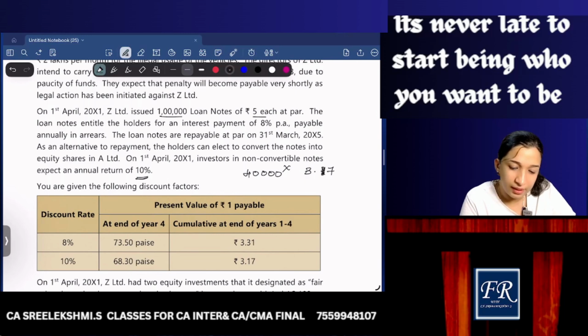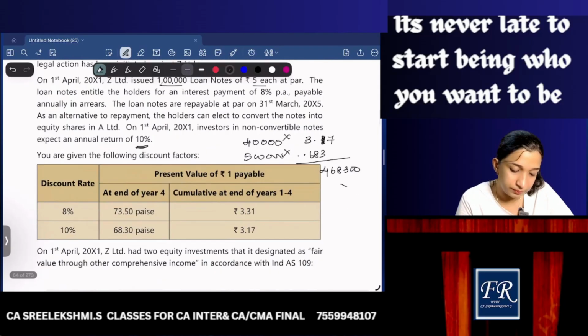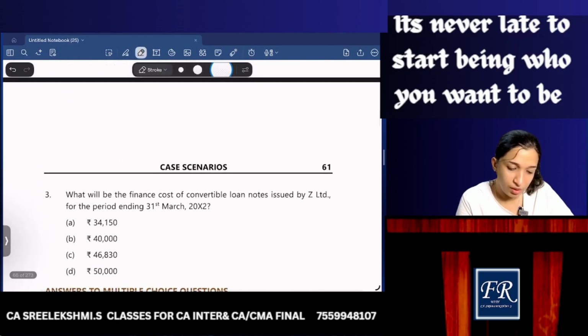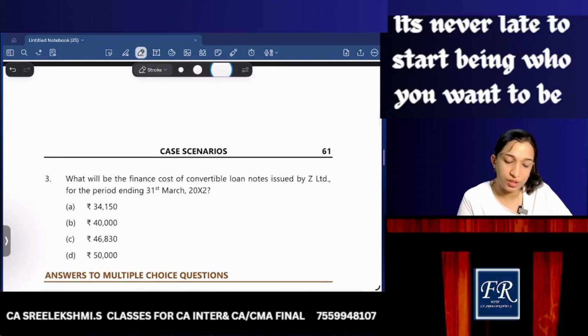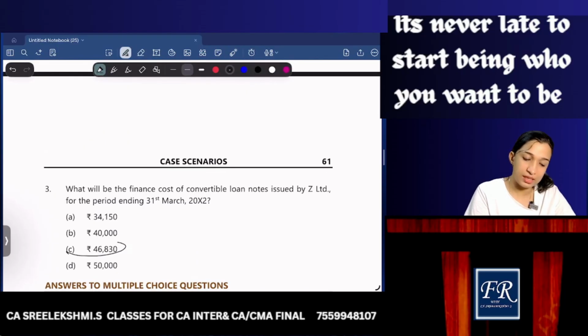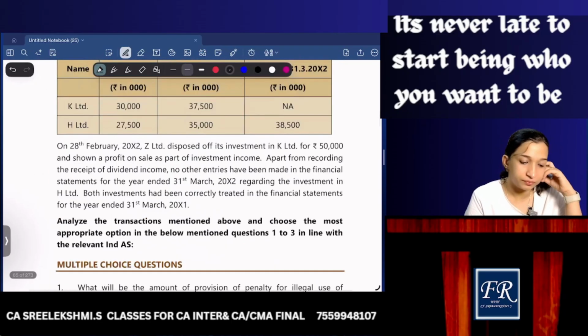Then the year-ending 5 lakhs into 68.3 paise, means 0.683. So it is coming to 4,68,300. What will be the finance cost for the year ending? It is 46,830. Option C, 46,830.